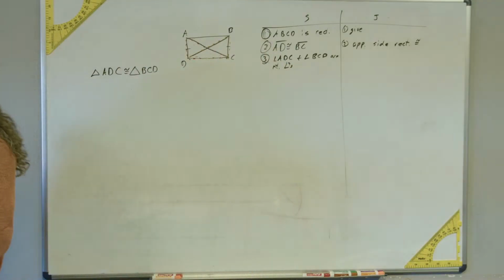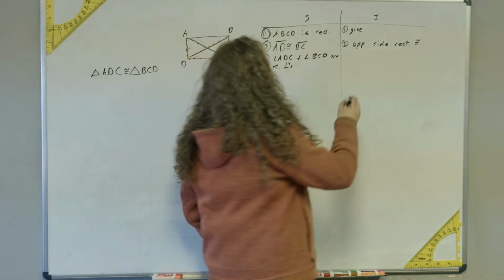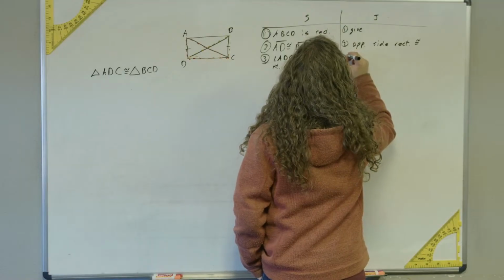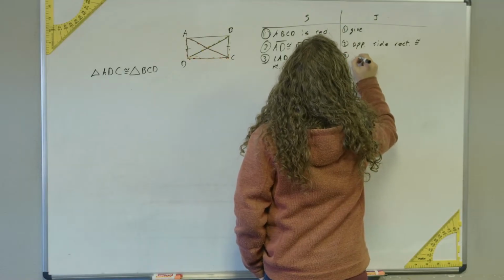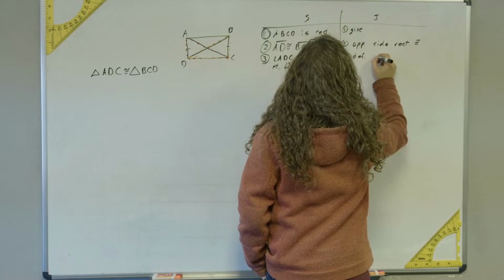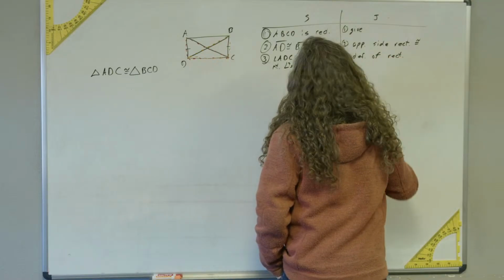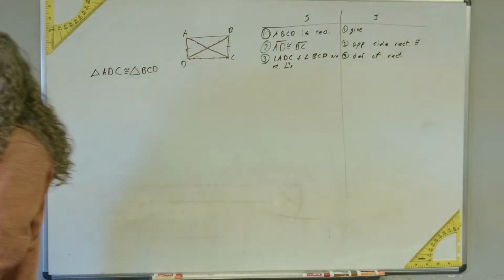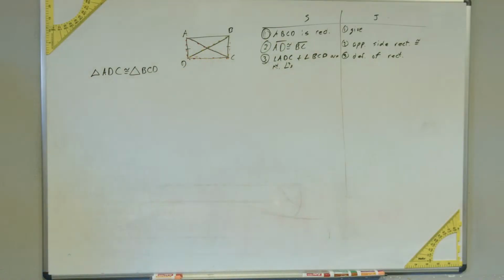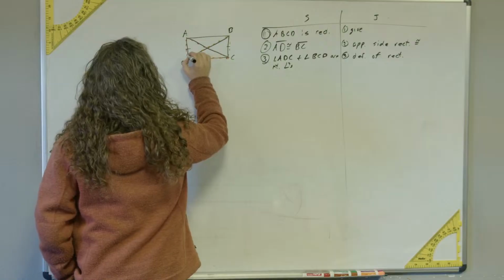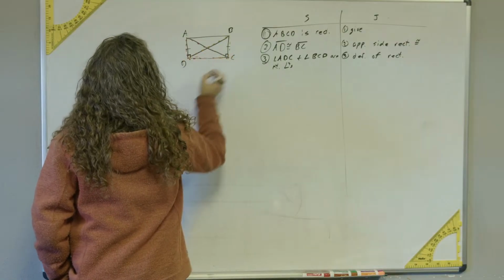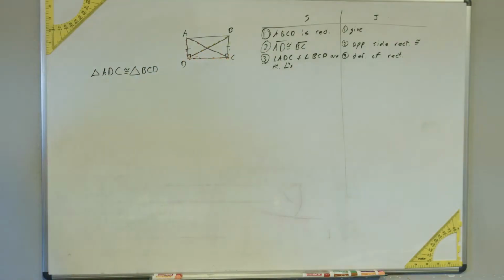True enough. Oh, because of the definition of a rectangle. Okay. So we said this is a 90 degree and that's a 90 degree. What else?